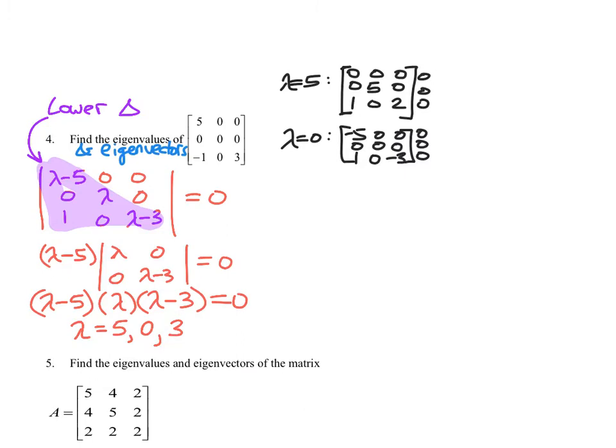Then the last one, negative 2, 0, 0, 0, 3, 0, 1, 0, 0.